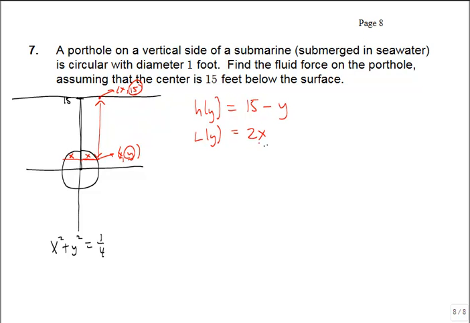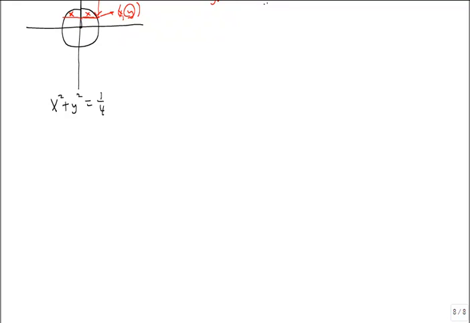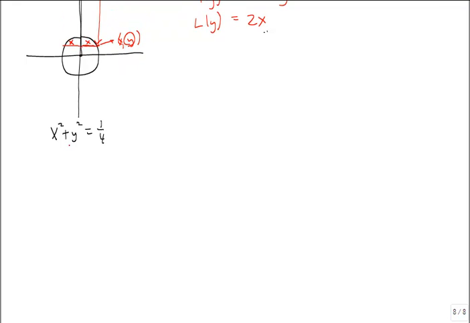So to figure out what that x is in terms of y, that's where this equation of the circle comes into play. And so we're going to need to solve this equation for x. So if I subtract my y and take a square root, we're going to use the positive square root. This is what we're going to get for our x.